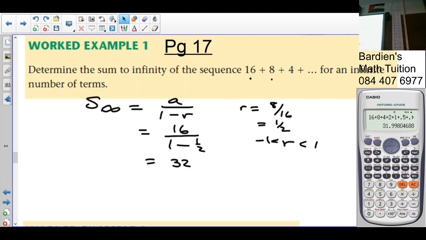Because if we write to 2 decimal places, that number is 32. Would this number ever go over 32? No, it will never go over. But it comes so close to 32 that we say it's 32. Make sense? And then as we say there, the series will converge.